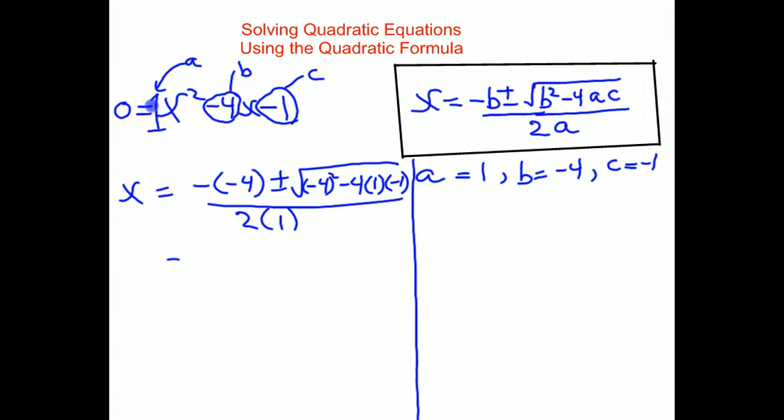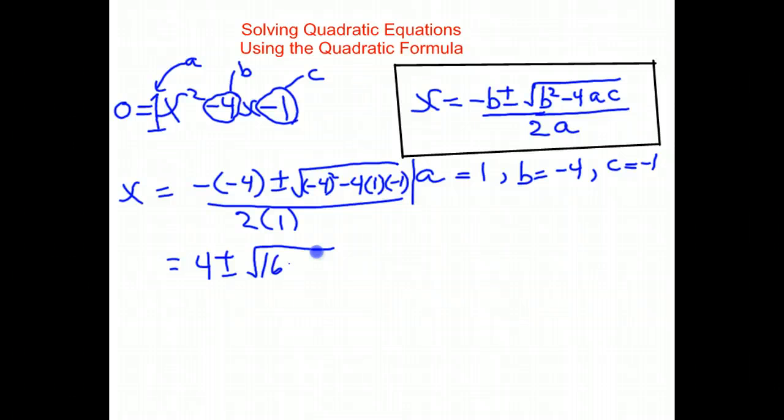So if we were to continue, we know that a negative 4 is a positive 4. So we have 4 plus or minus the square root of, now we know that negative 4 squared is 16. And negative 4 times 1 times negative 1 is a positive 4.